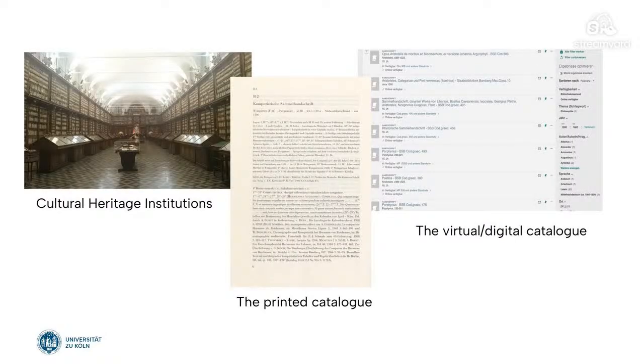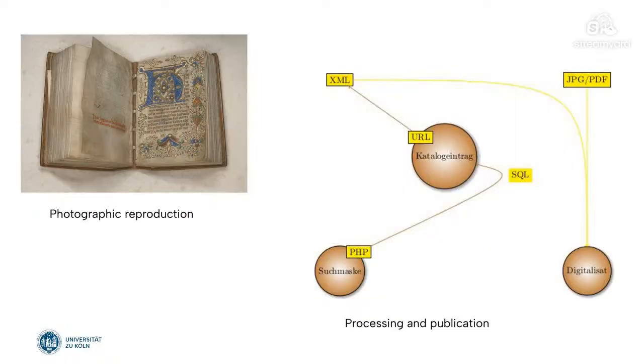And they're usually stored in cultural heritage institutions. The way we used to access cultural heritage institutions was for years the printed or the card catalog. And what we mostly interact with now is the virtual or digital catalog. So it has basically turned the printed catalog into a database where we can search for books that are stored in a library.